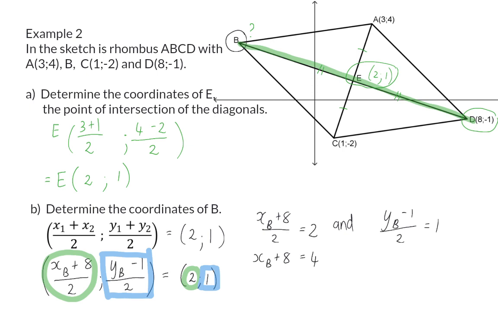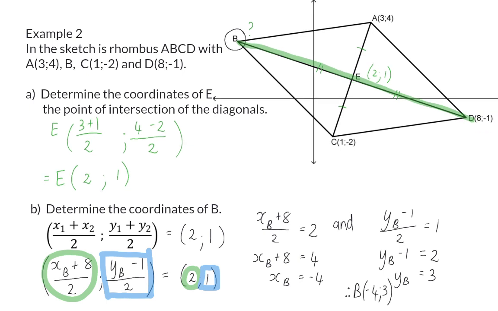Now to solve x, I'm going to have to subtract 8 on the right, so the x value will be minus 4. Similarly, for the y values, I'm going to start by multiplying by 2 on the right to get a value of 2, and then to get rid of the minus 1, I'm going to add 1, so y will be equal to 3. So the coordinates for B will then be minus 4 and 3.